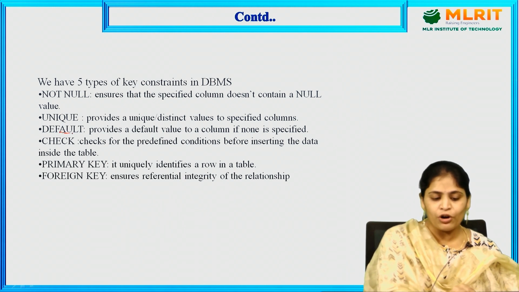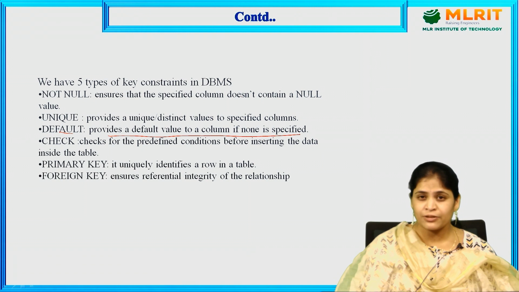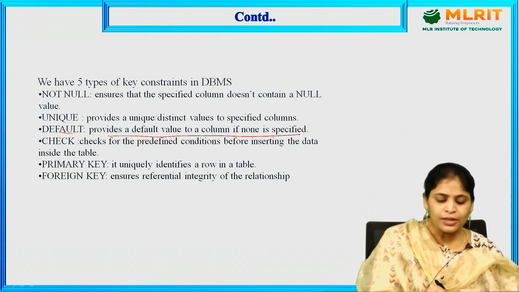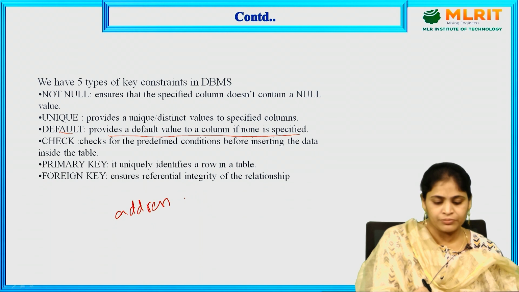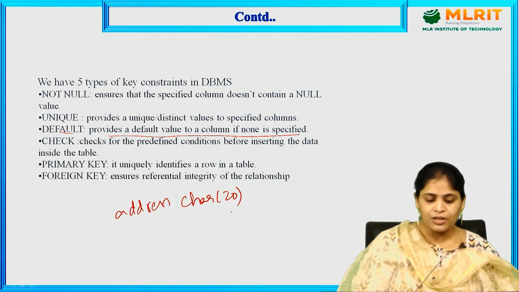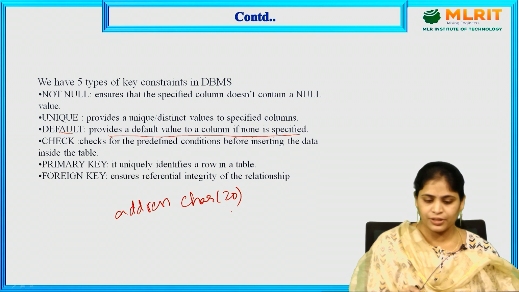Next, default provides a default value to a column if none is specified. For example, let us represent address, which is of character type containing 20 characters. Whatever variable we declare must be declared with a data type and with the size of that data type.